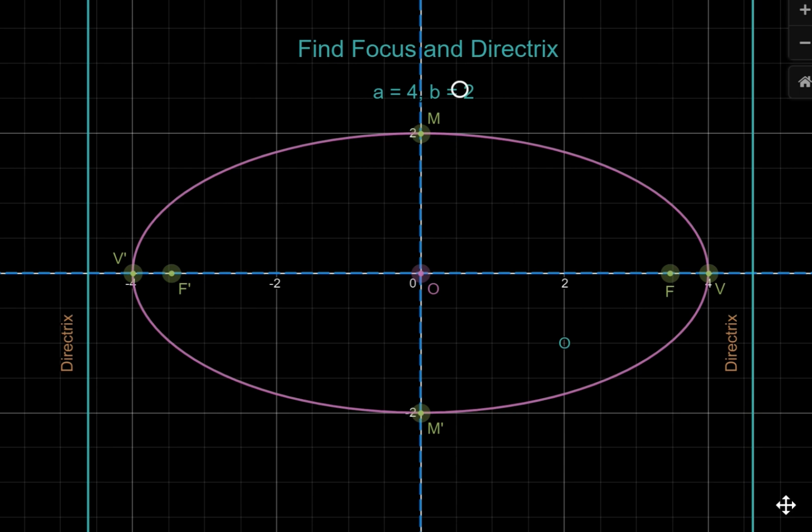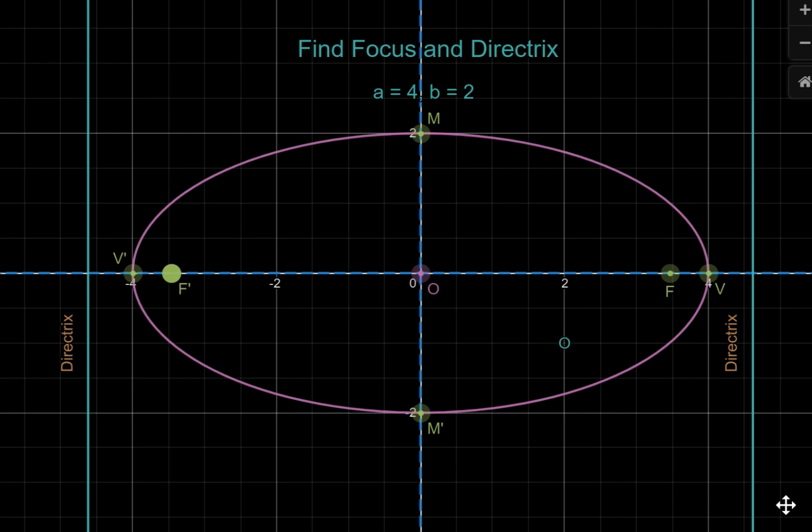Square root of 12 gives you the value for f, and minus square root of 12, 0, will be the coordinate for f dash, the other focus point. Well, square root of 12 can be written as 4 times 3, so it could be written as 2 square root 3. So plus minus 2 square root 3, 0, will be the coordinates for the foci.